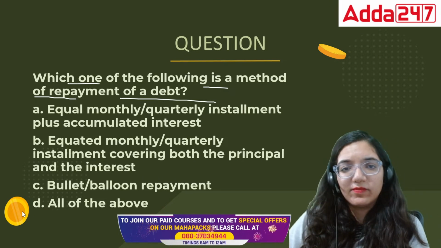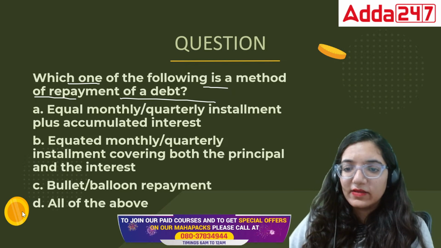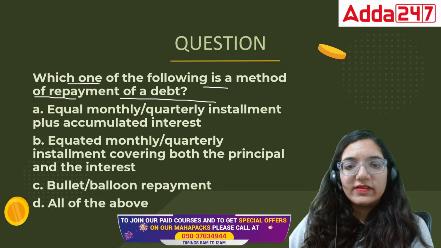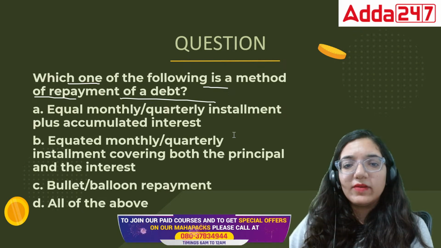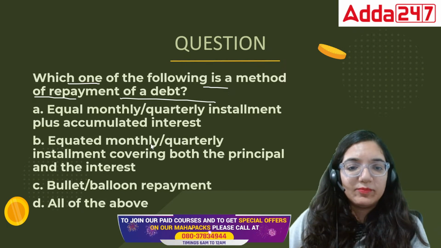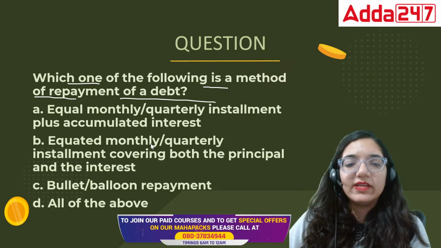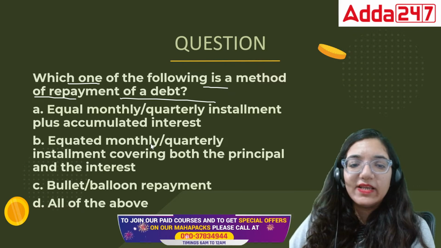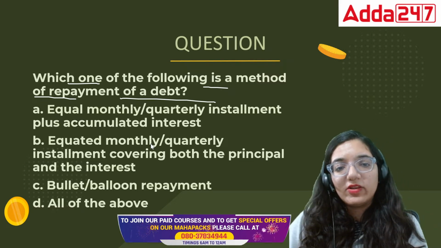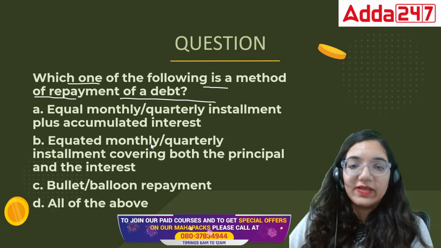First of all, if I have to make the payment for a debt, I can make it in such a way that it is equated monthly installment, or quarterly installment plus accumulated interest. B is equated quarterly installment covering both the principal and interest, C is bullet or balloon repayment, or D, all of the above. Which of the following is a method?